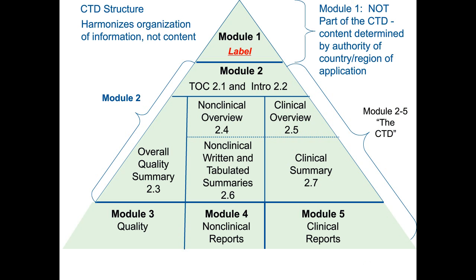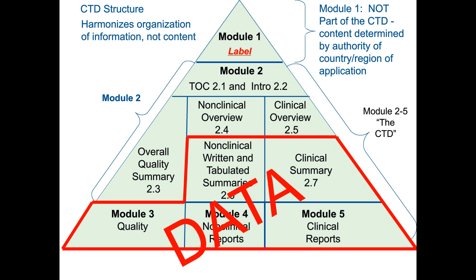So this is the organization of the CTD. Again, Module 1 contains the label, but aside from that, it's regional, depending on what ICH region you're submitting your application to. I will go through the U.S. components in Module 1 later. And if you look at the CTD and MAS, the data resides in Modules 3, 4, and 5 for CMC, non-clinical, and clinical data.